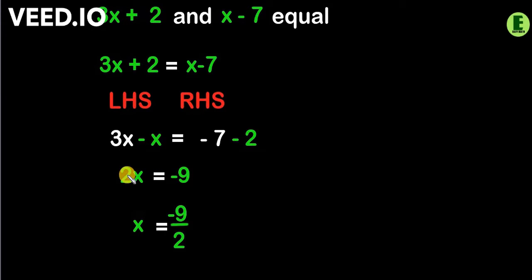In this equation, 2 and x are in multiplication form. So when a term in multiplication is transposed to the other side, it goes on division. So x is equal to minus 9 by 2. The term which was in multiplication will become division when it is transposed to the other side.